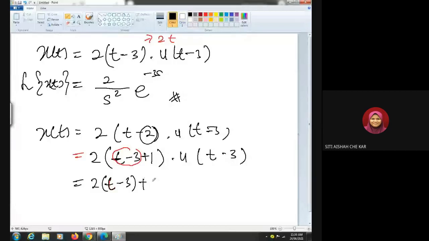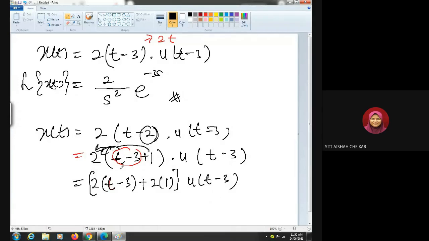Sekejap. Okay, sebenarnya kita nampak different with the original question tapi benda yang sama. Can you see? Pecah. So ni darab 2, ni pun darab 2.